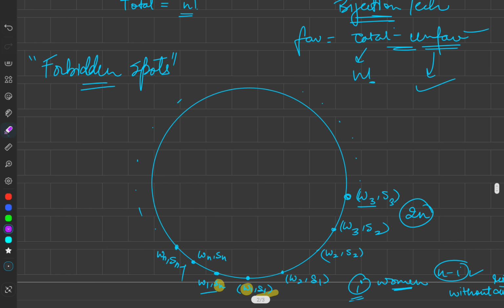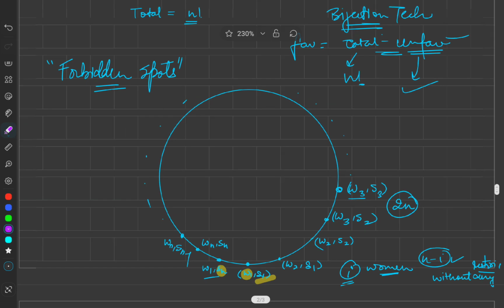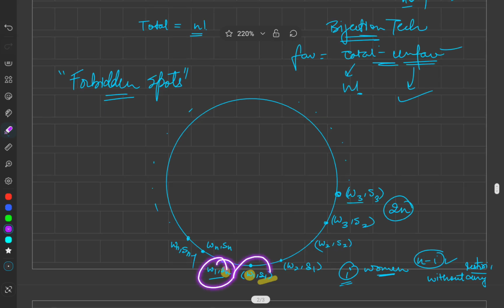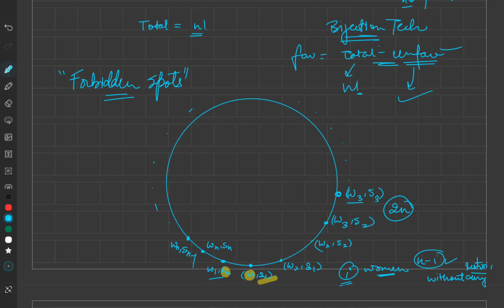But we can't just do 2n choose i, because it means that we can also select w1 sn and w1 s1 simultaneously, but w1 cannot be at both places, s1 and sn. So this contradicts our case.